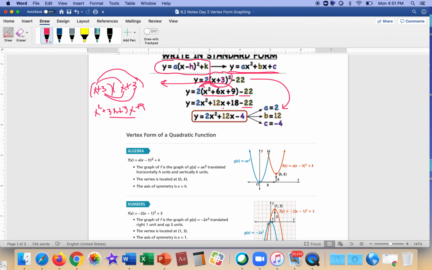Then again, you simplify, combine like terms. So you have positive 18 and negative 22. So you get negative 4. Now we have the same equation, just looks different because it's in standard form. A would be 2, B is 12, and C is negative 4. So they're the same equation, they're just written in different ways.